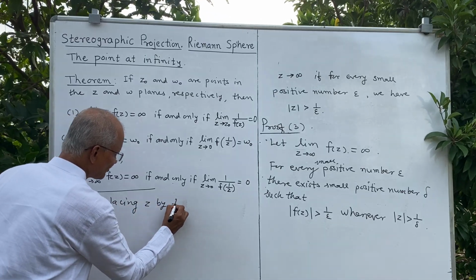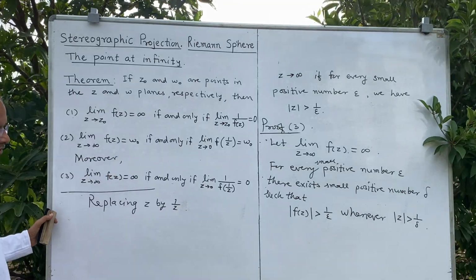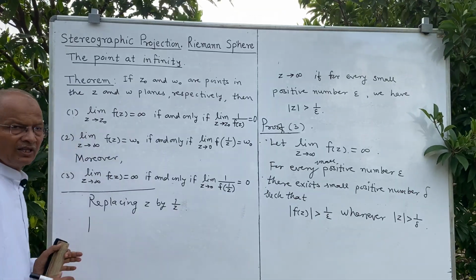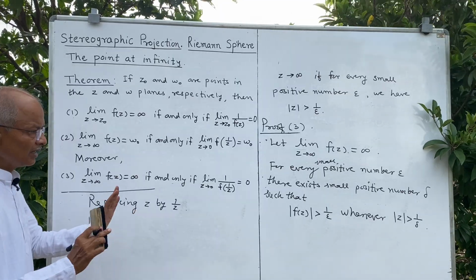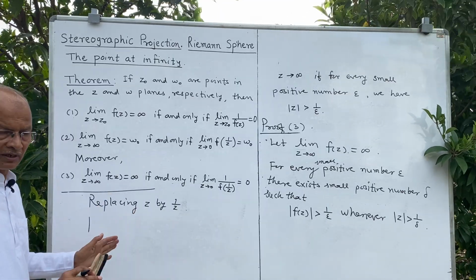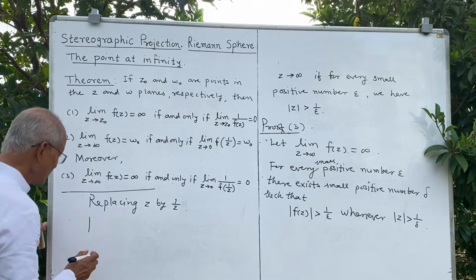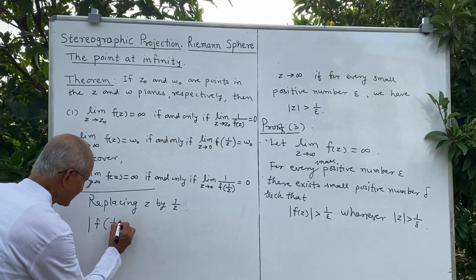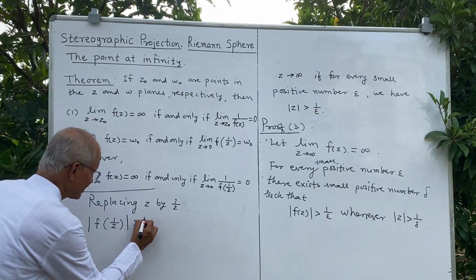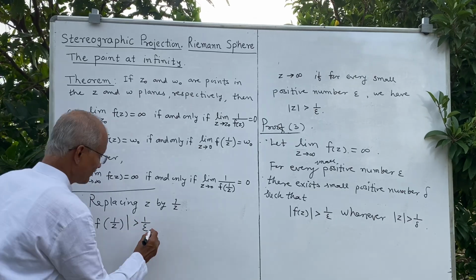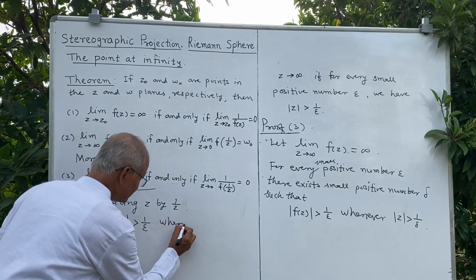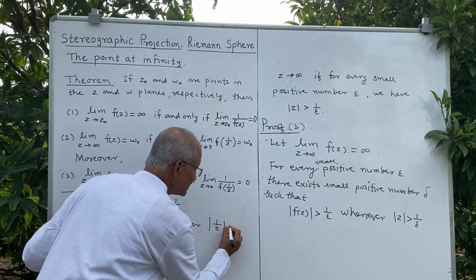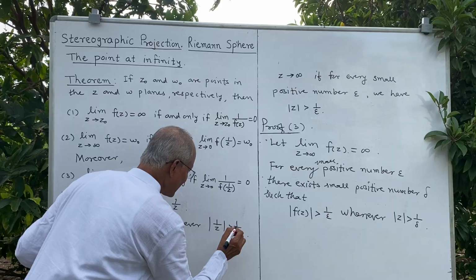When we replace z by 1 upon z, the inequalities will not change, only z is to be replaced by 1 upon z. So it is mod of f of 1 by z greater than 1 upon epsilon, whenever mod of 1 upon z is greater than 1 upon delta.